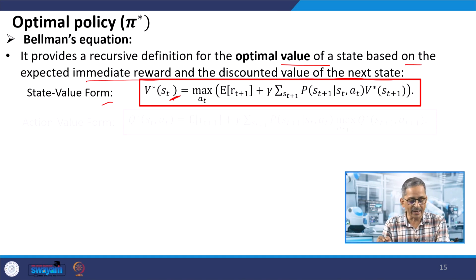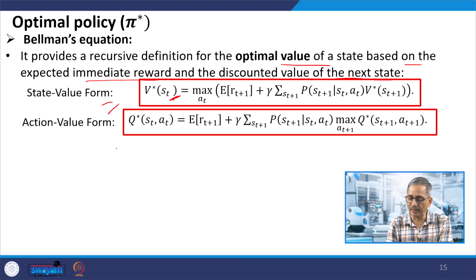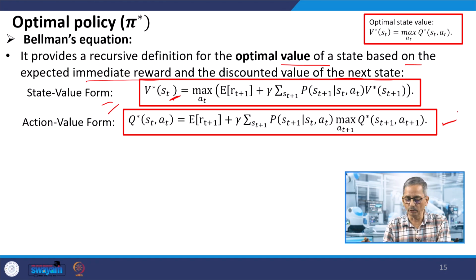In the case of the action value form, it can be written like this. This comes from how we define the optimal state value in terms of Q star, which we derived in the last slide. If I substitute for V star (s_t) here, I get this term.